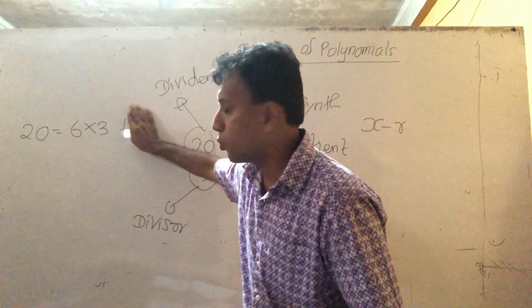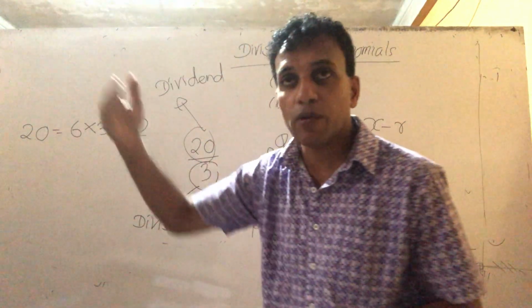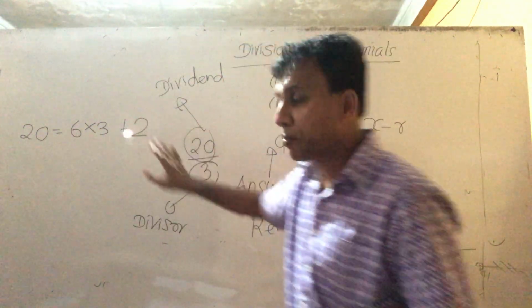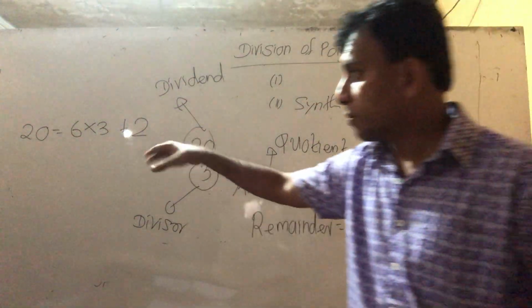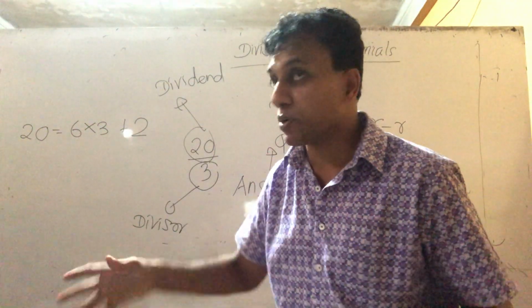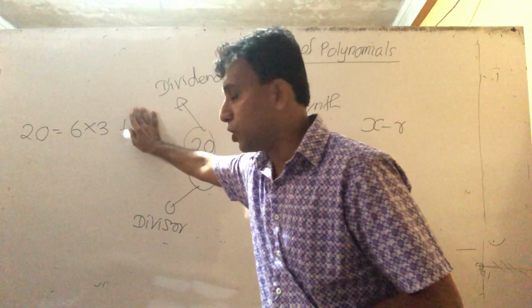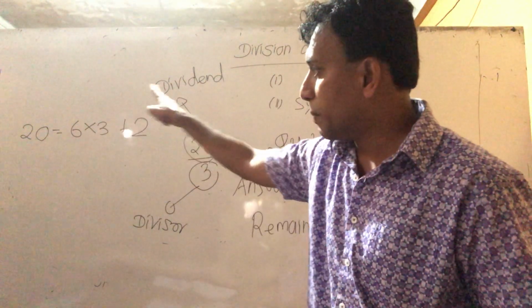Sometimes the remainder becomes 0. When this becomes 0, like 10 divided by 2, 100 divided by 25, no balance, no remainder. Some algebraic expressions are perfectly divisible, and we call this 0. This is the pattern, right?